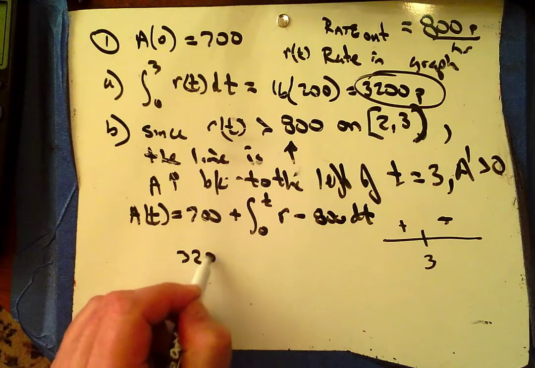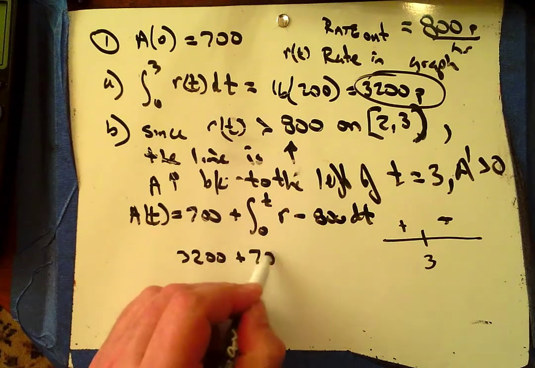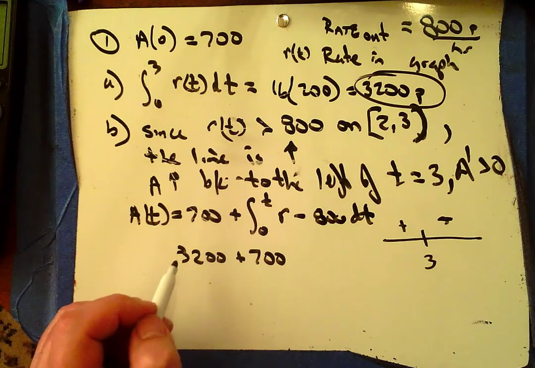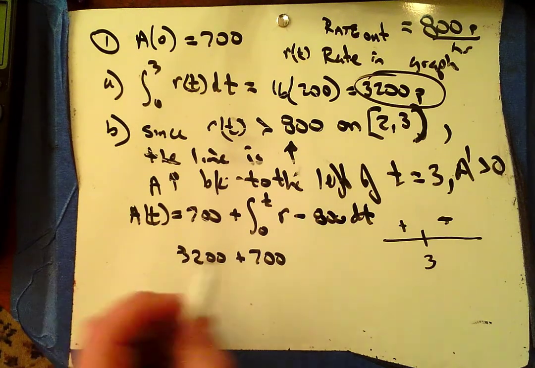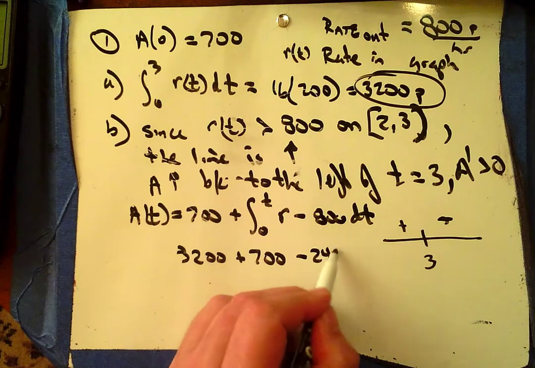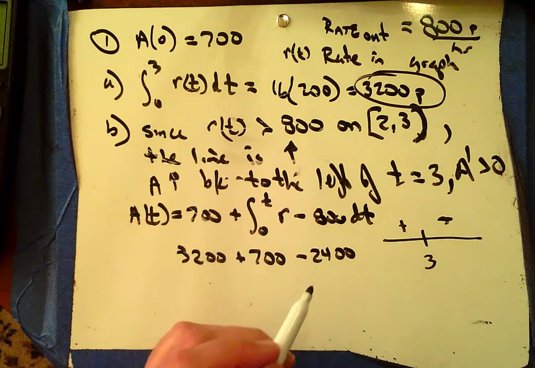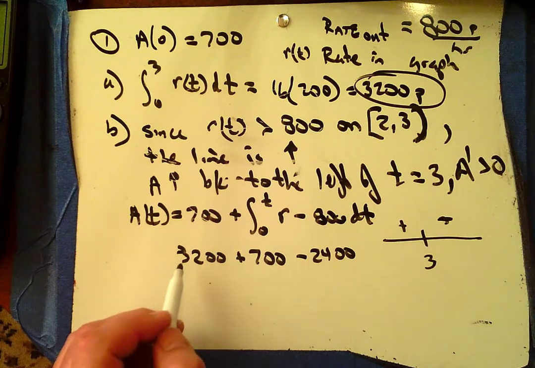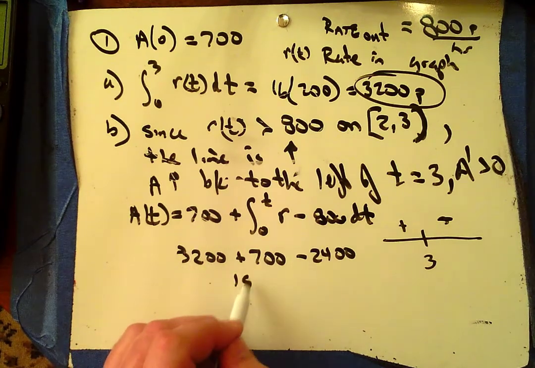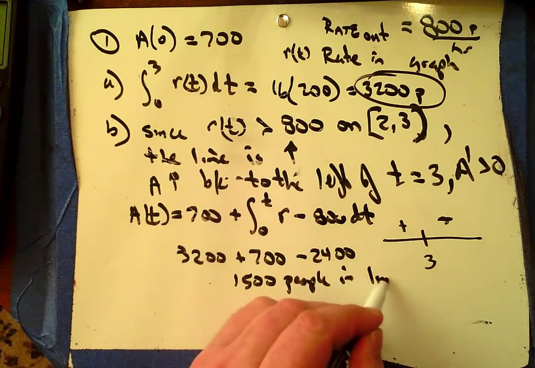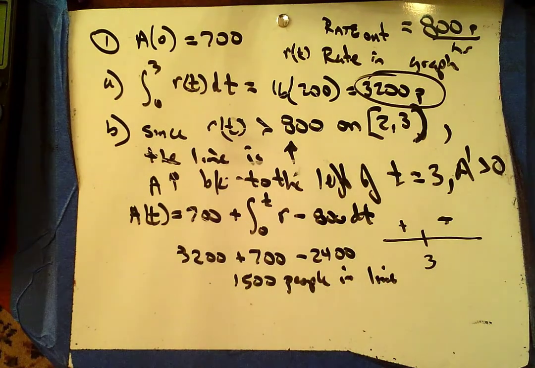So 3,200 plus the original 700 people who ran from the gate when the park opened to the ride, minus the 2,400 people who were served at 800 people per hour, gives me 1,500 people in line. That's a lot of people in line. I don't know that I'd wait around for that.